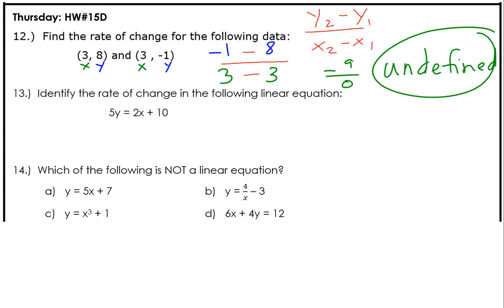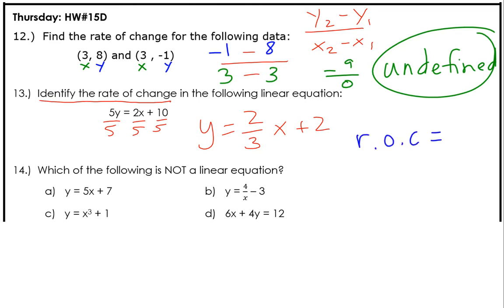So we're going to clear that coefficient by using an inverse operation, dividing everything by 5. And now I can use the shortcut. So identify the rate of change. The rate of change, the ROC, is the coefficient of x, which is 2/3.